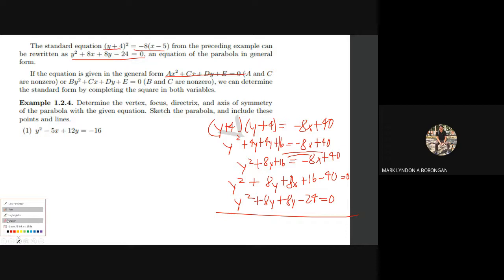Now, another example: you have y squared minus 5x plus 12y is equal to negative 16. How do we answer this? We are asked to find the vertex, focus, directrix, and the axis of symmetry of the parabola.